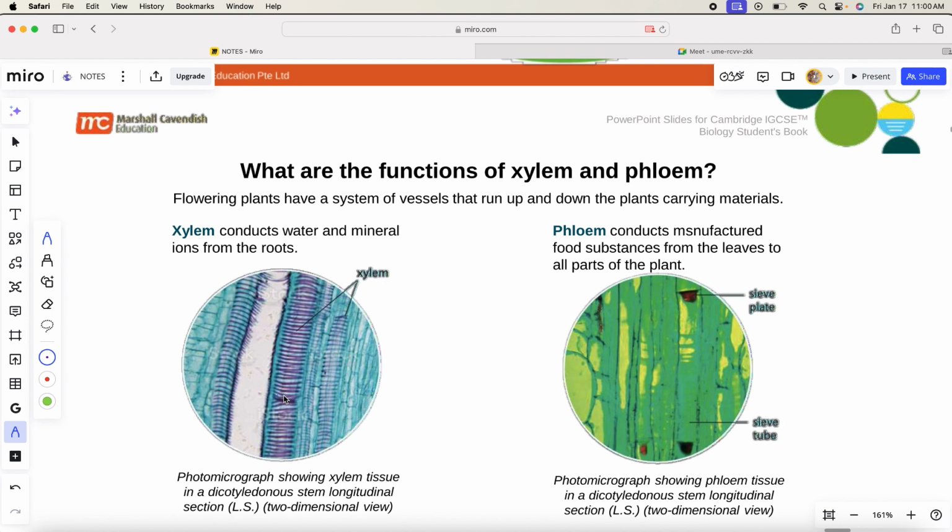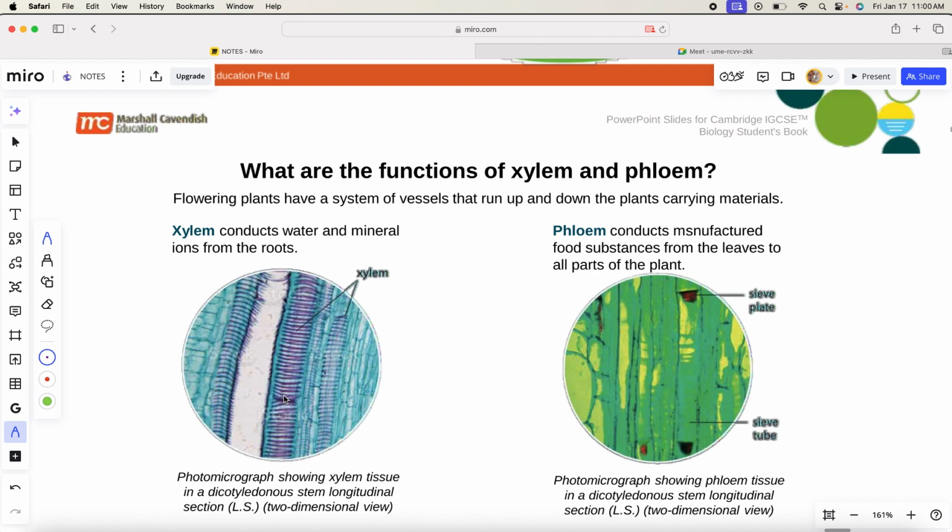So these mineral ions can only be taken from the ground by a process known as active transport, which we've studied, I think, between chapter 3 and chapter 5.